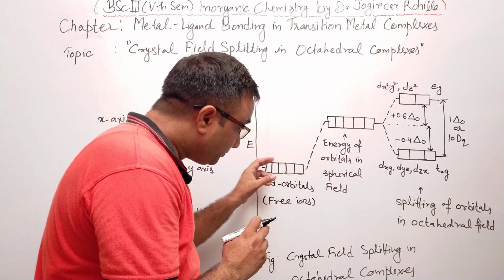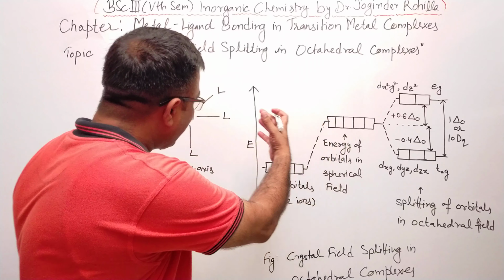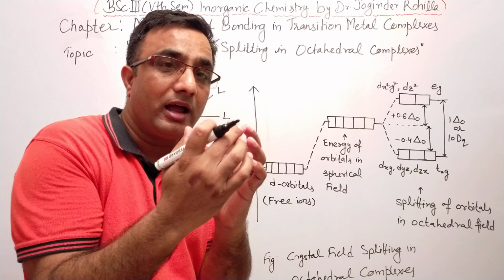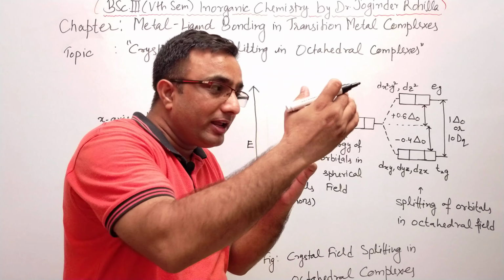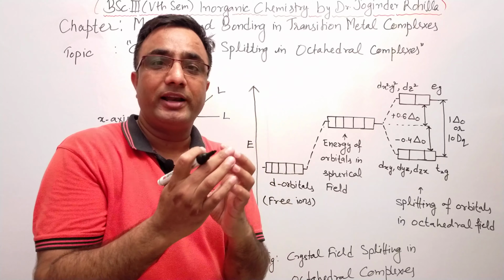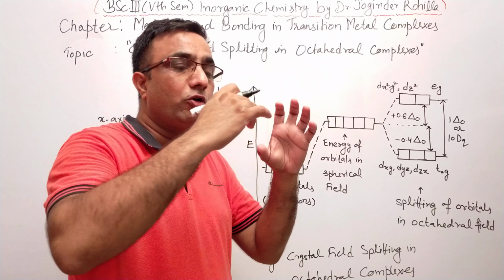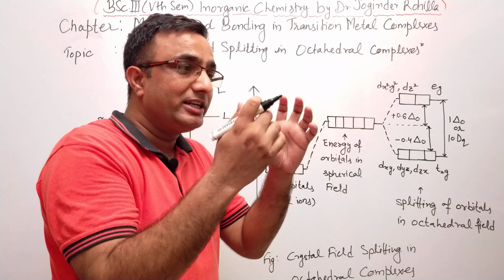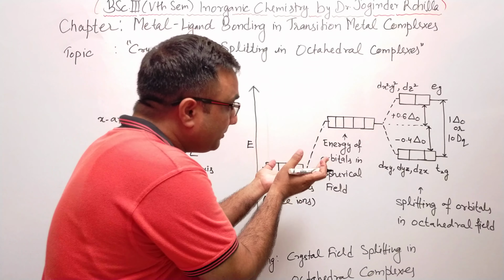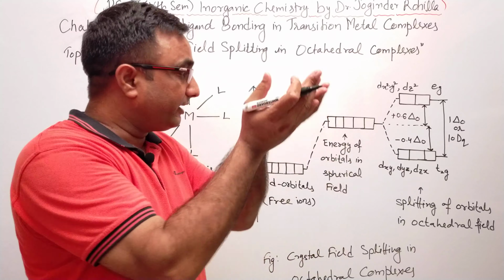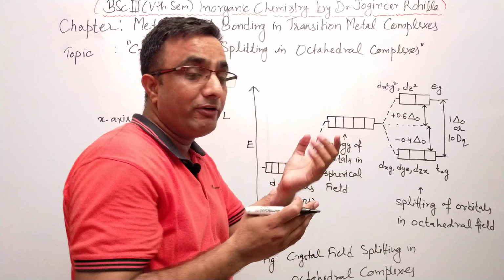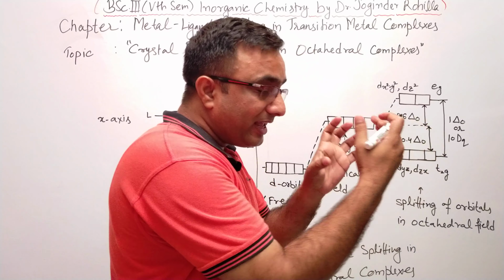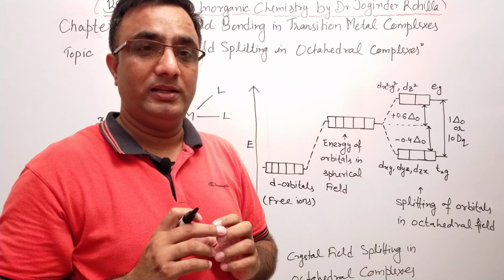When ligands approach the central metal ion, we assume that the field around the metal ion is symmetrical, which means the electric field of the ligands affects the system equally. So the energy of the system gets raised, and we say that these 5 d orbitals are again of the same nature.